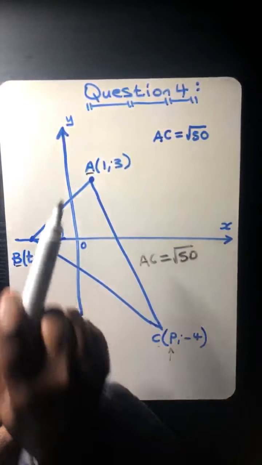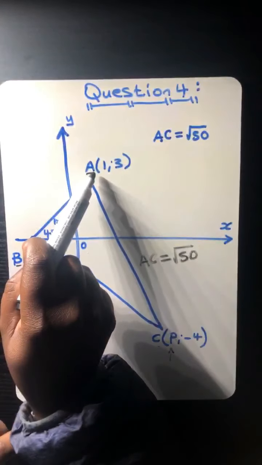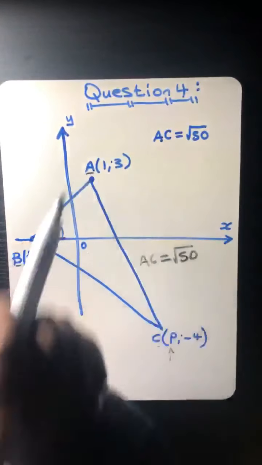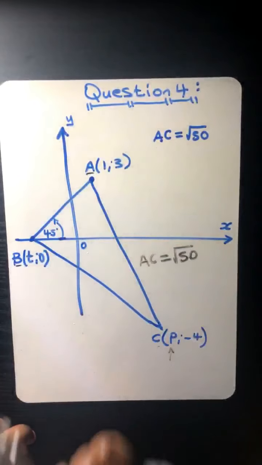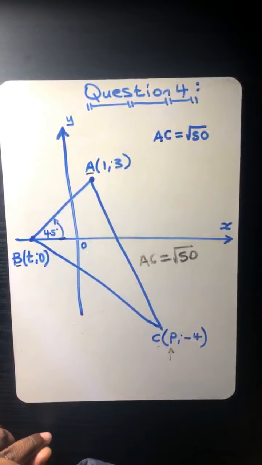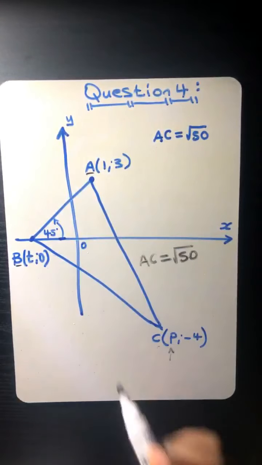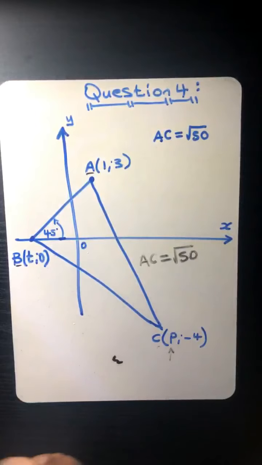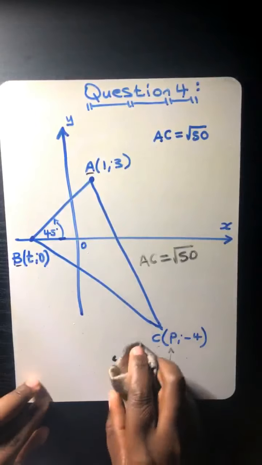So it's more like they've given us the length or the distance from A up to C, which means, ladies and gentlemen, when we continue with answering the questions, we might get to a point where we might need to use the distance formula.